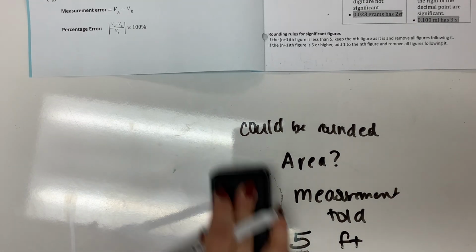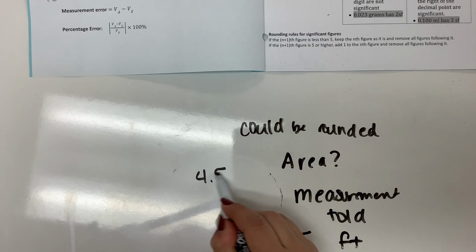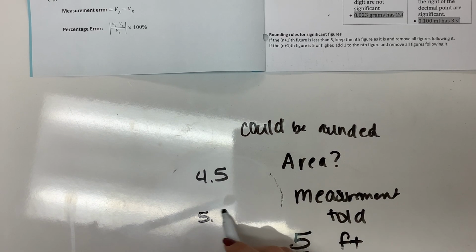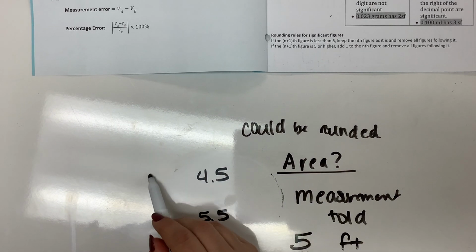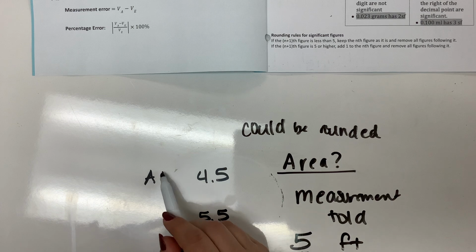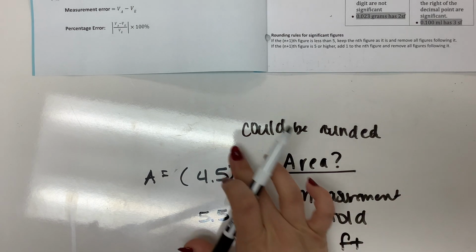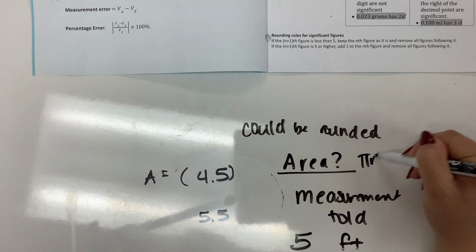So I was told 5 feet. My lower bound would be 4.5 feet, minus 0.5 and plus 0.5, 5.5 feet. Then I'm going to find the area based on that. I also forgot area is pi r squared.